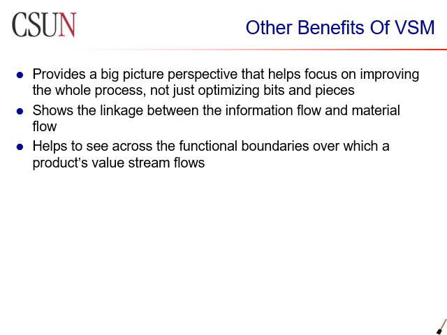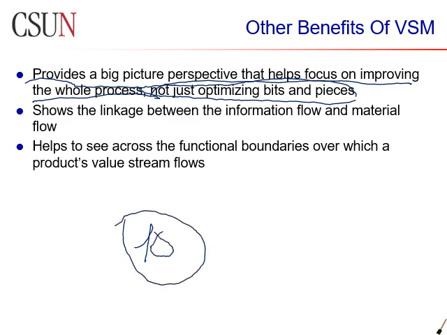Do we get more benefits or other benefits from the value stream map? Yes, we can get other benefits, such as it provides a big picture perspective that helps focus on improving the whole process, not just optimizing bits and pieces. For example, let's say that we're producing 10 items, and then we focus on this process and we improve this process to be 12 items per hour.